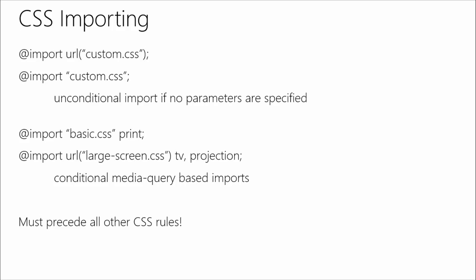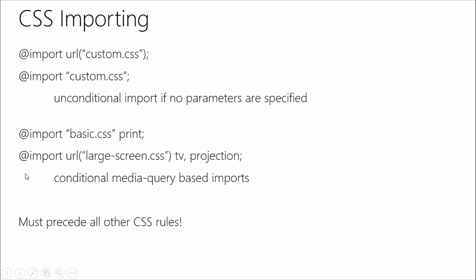That's the only place that they can go. They have to precede all other elements. You can import them in a couple ways. You can import them using the URL function tag, or you can just do the straight string for their location. And these would just be unconditional imports because there are no parameters that we specified.